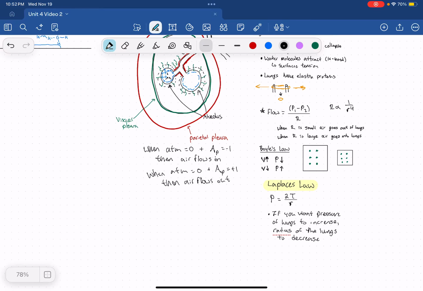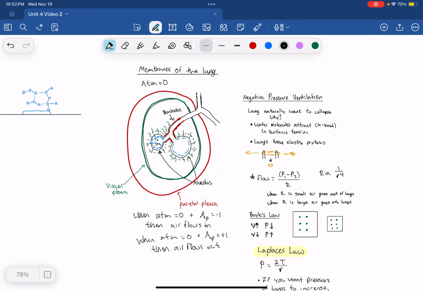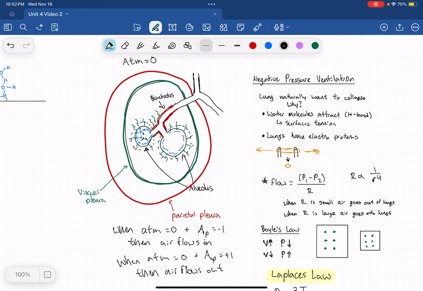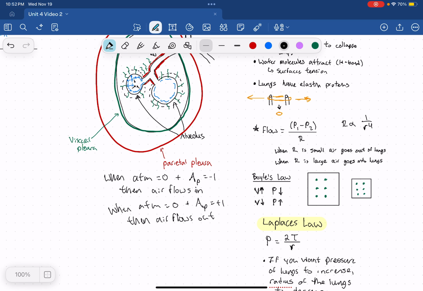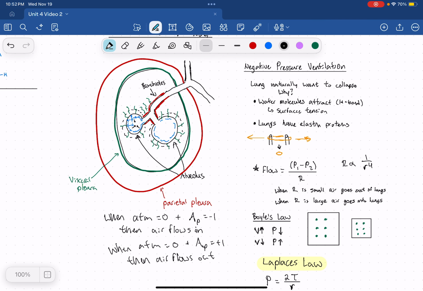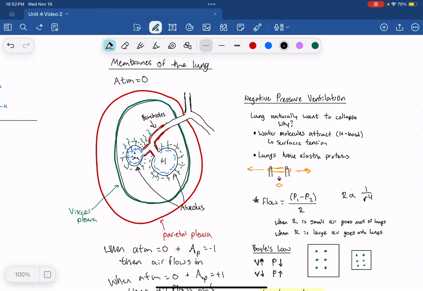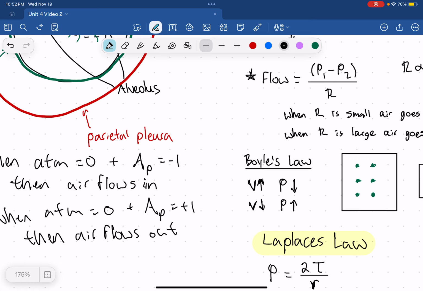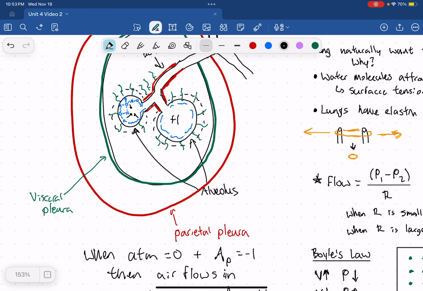And if we increase the pressure of the lungs, we're saying that outside the lungs we have an ATM of 0, and inside the lungs we have an increased pressure, so we're moving towards a more positive pressure, so we can say +1 here. If we want air to get out of the lungs, we must decrease the radius. And that makes sense.